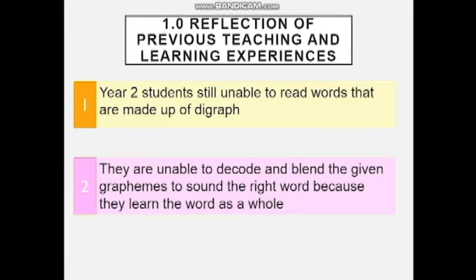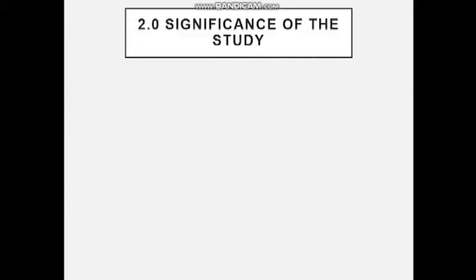Either the students are reading one letter, one sound, or they are unable to sound the words at all because they can only say the words aloud as a whole, but not in chunks. So hence I decided to do research to improve students' reading of words with digraphs with the help of Thrass Phonics.